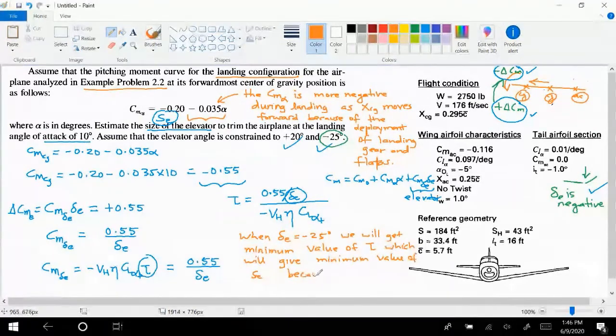Because tau is directly proportional to SE over ST. Okay, that's good. So we know that we will put a negative 25 here.